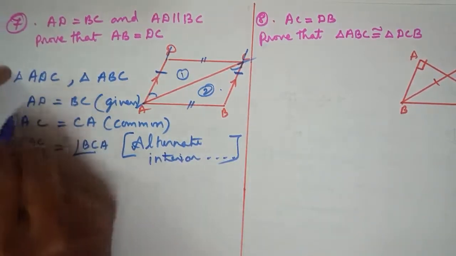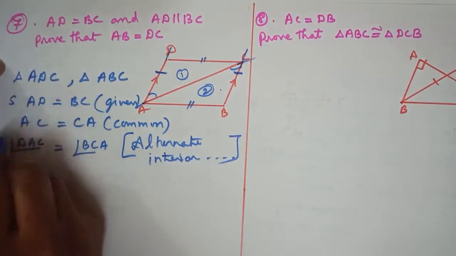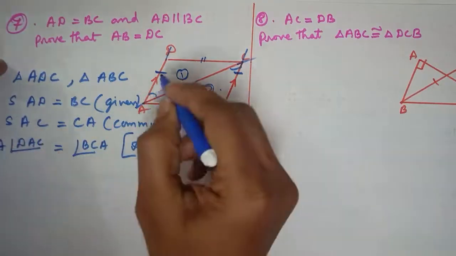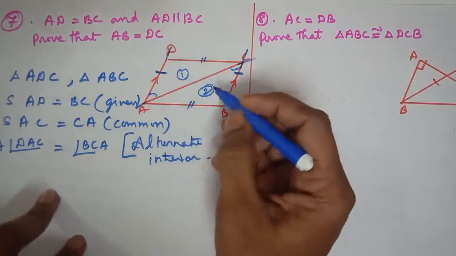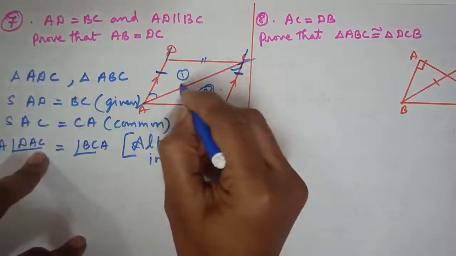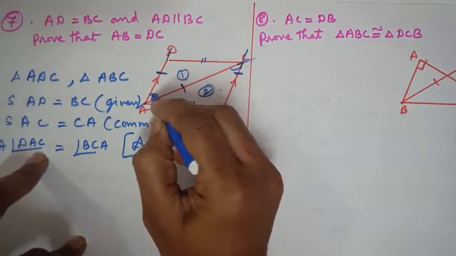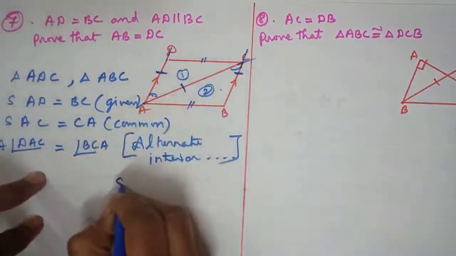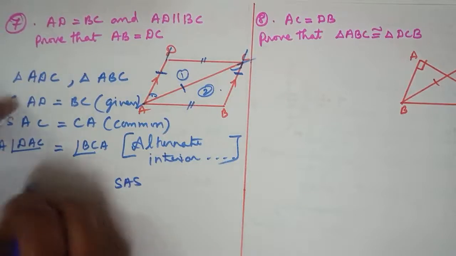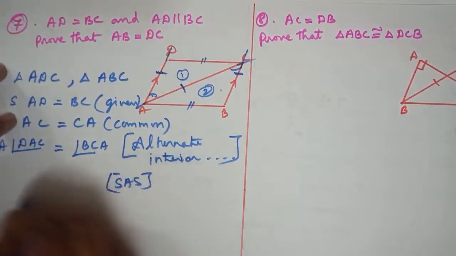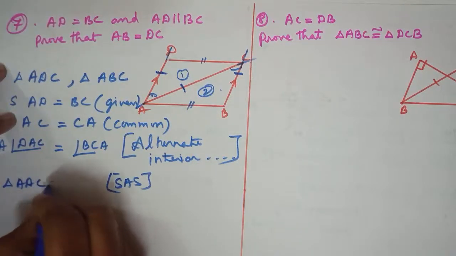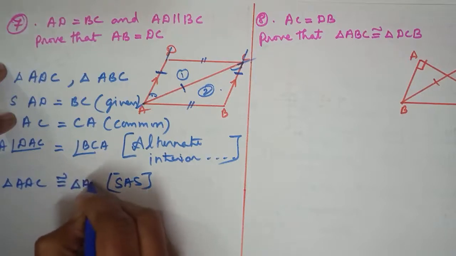So, students, listen, here this is a side, this is an angle. So by using side, angle, side, the SAS congruence rule, we can say triangle ADC is congruent to triangle ABC.